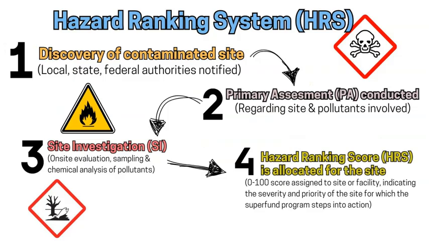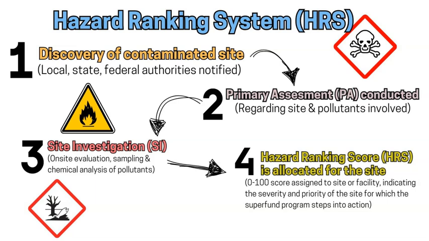In order for any polluted site to get a hazard ranking score, it has to go through a sequence of events, 4 different sequences. The first one is the establishment and identification and notification of a certain site that's polluted by local, state, regional, or federal personnel. Then it goes to that primary assessment where the EPA or the local authorities will go in and provide a primary initial assessment of that site.